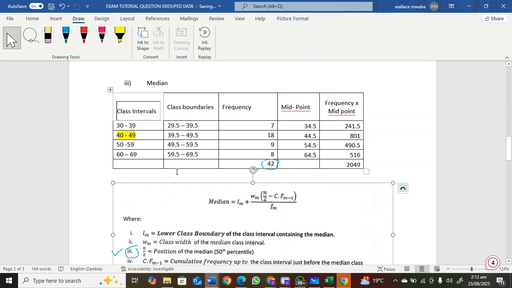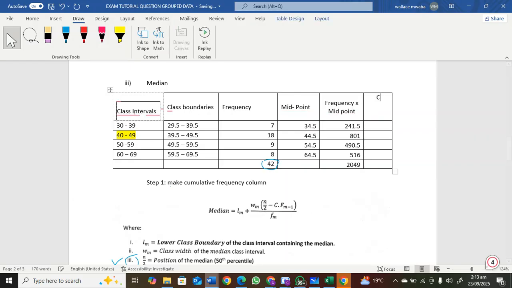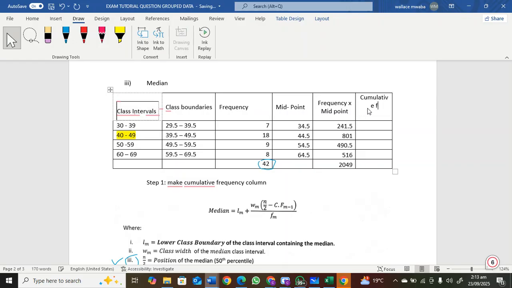Well, I'll actually say step 1 is to make your cumulative frequency column. Our cumulative frequency, we're just adding our frequencies. Our first frequency is 7.